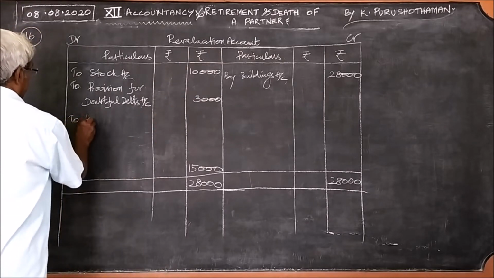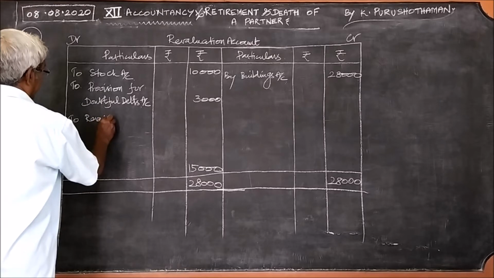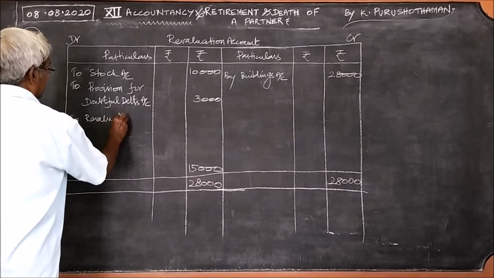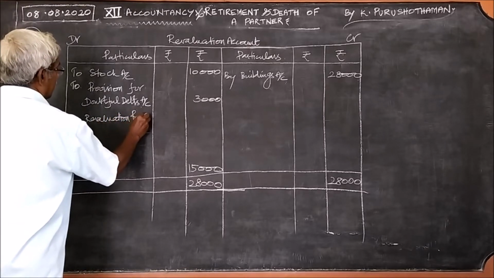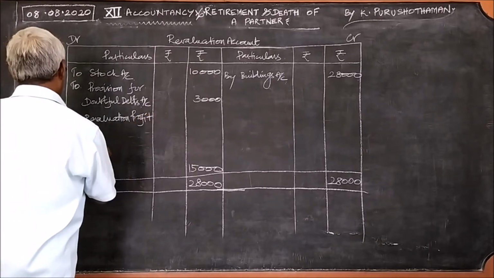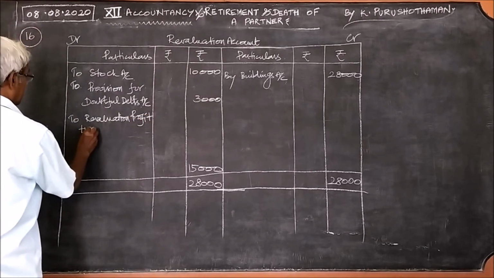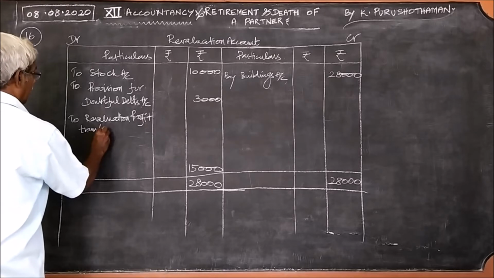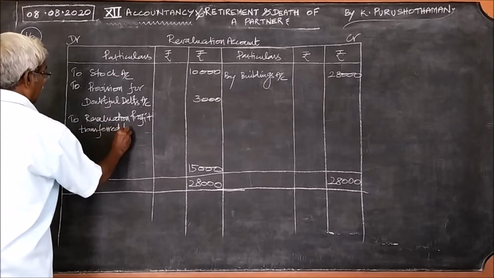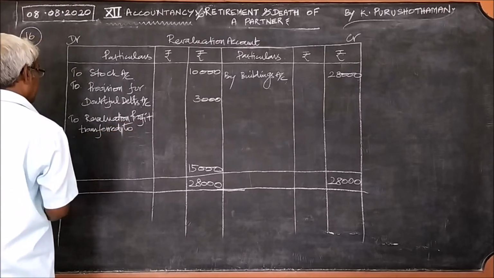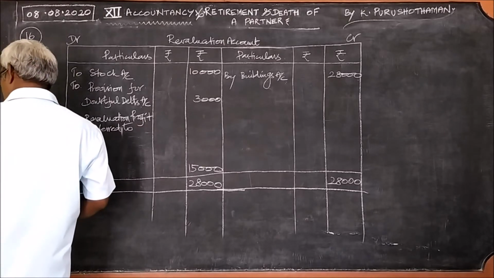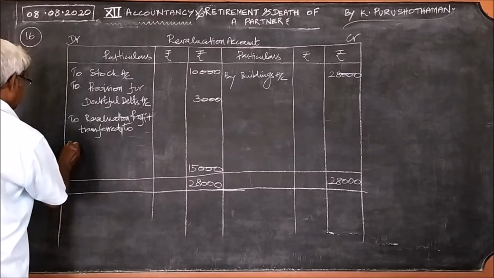Therefore, revaluation profit transferred to who are the three partners?